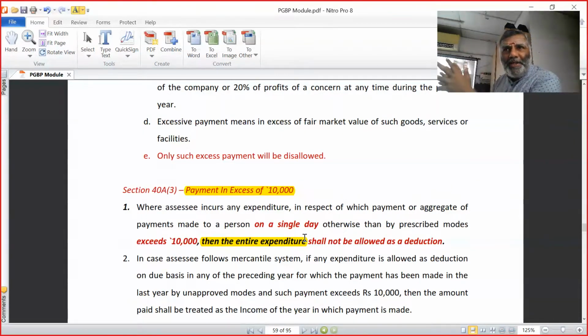Expenditure is in 2021, violation is in 21-22. In 21-22, we cannot say expenditure is disallowed, because the expenditure is not there in 21-22. In 19-20, we cannot say expenditure is disallowed, and in 20-21, we cannot say, because the violation has not happened in 20-21.